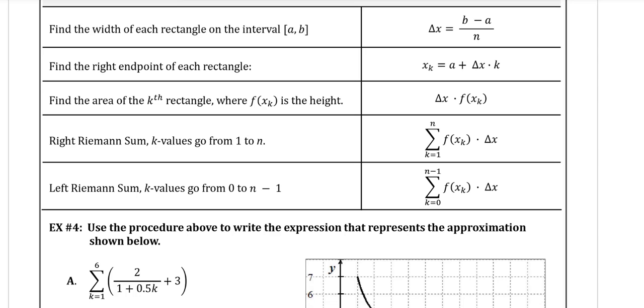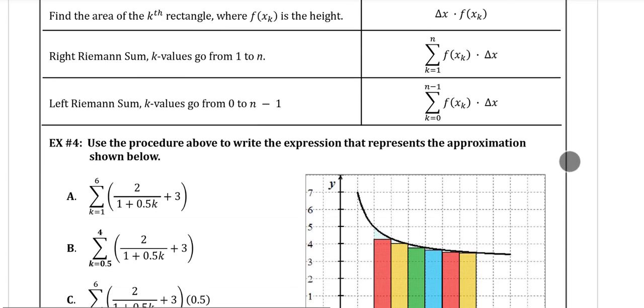And then we find the area of each rectangle by taking our delta x times substituting that x sub k into our function. And then we go from 1 to how many rectangles we're creating. And if we're doing a left-hand sum, we go from 0 to n minus 1, and that will still give us the same answer.